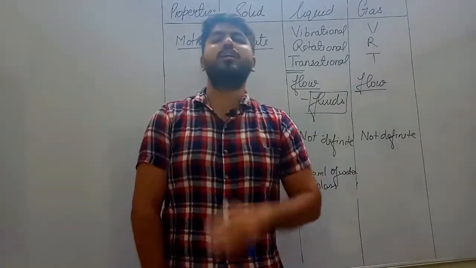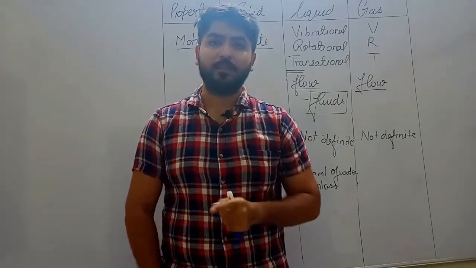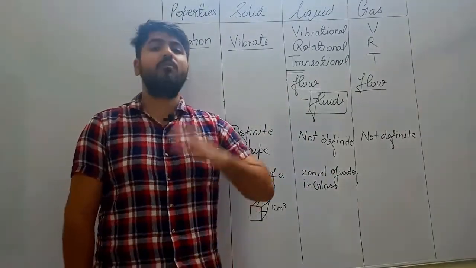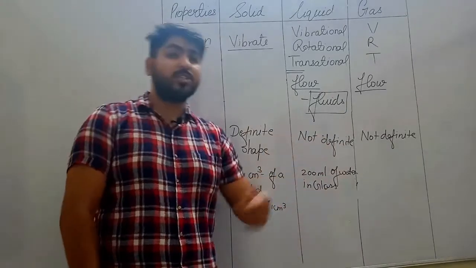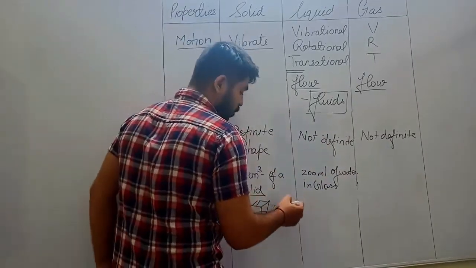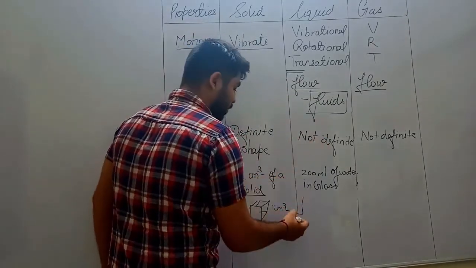It will still remain 200 ml, right? So the volumes of liquids are also definite. Neither the volume of a solid changes when we place it from one place to another, nor does the volume of a liquid change if we change the place of the liquid, right? So that's why for both of these, the volumes of solids and liquids are definite.